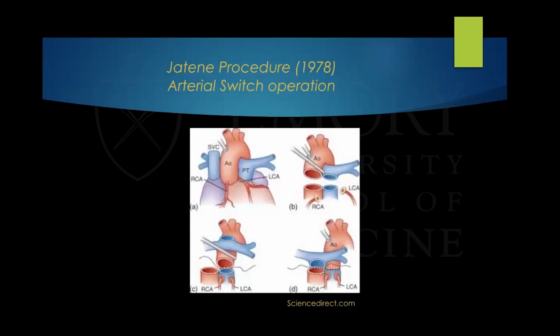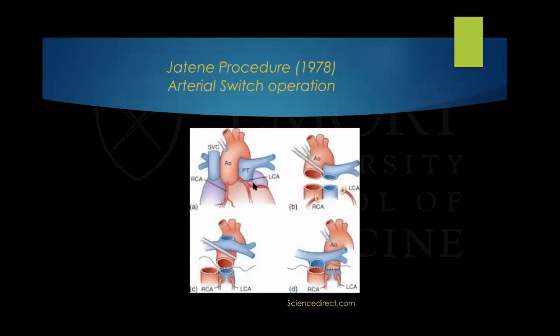So if the patient was born after 1978, then they will have a different type of procedure to repair the D-transposition of the great vessels. And this is done, the first case was done by Dr. Jatene in 1978, and it's considered now an arterial switch.